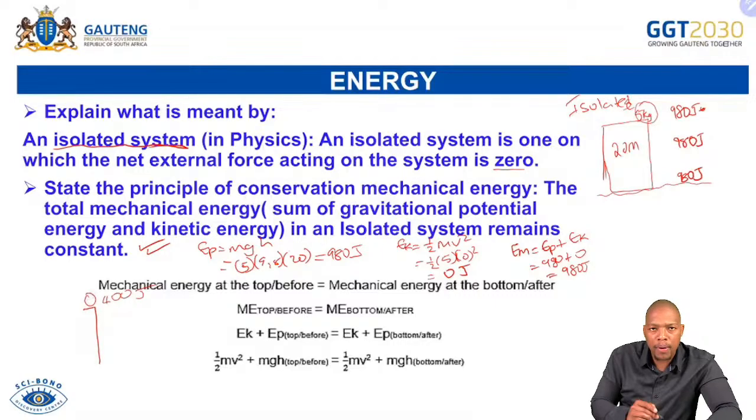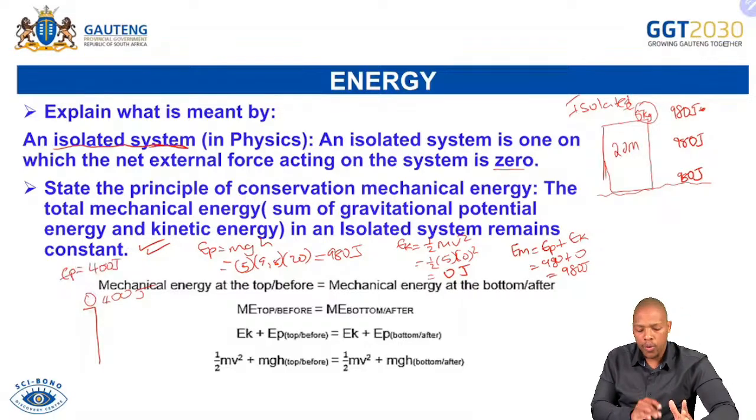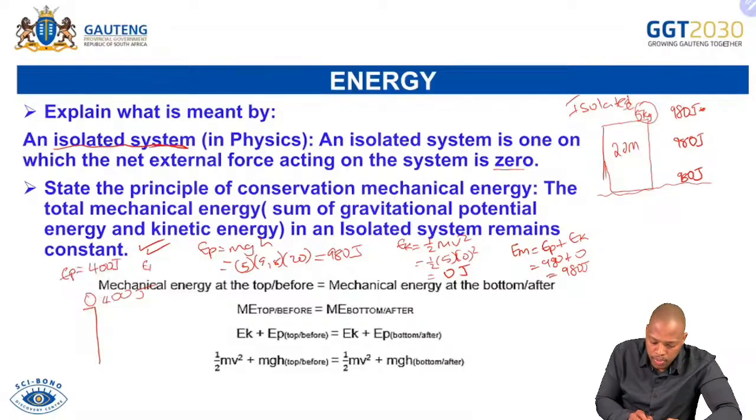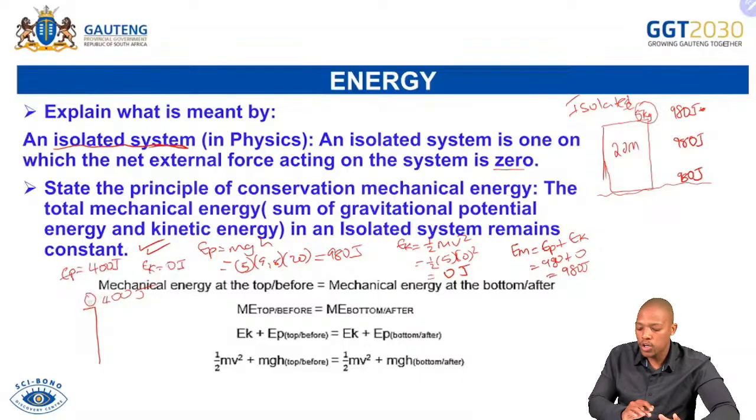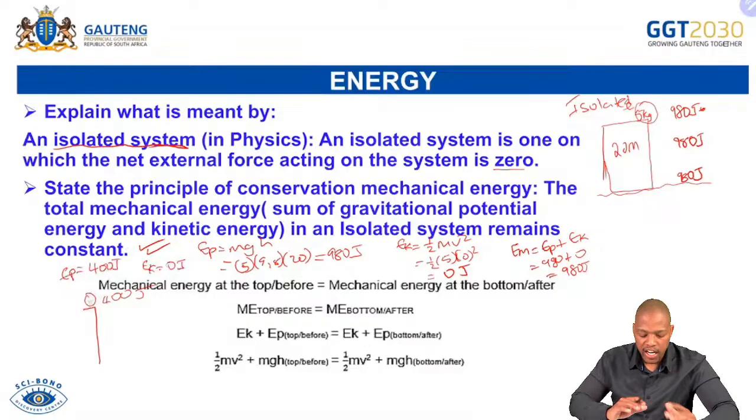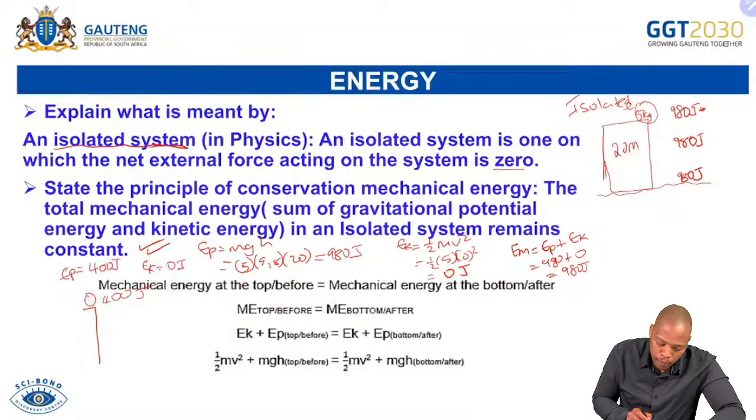That means the EP was also 400 joules. Hope you are following. If the ball is resting, that will mean that the EP was 400 joules, and the EK was 0 joules while it's resting. I want to do away with 980 to make the math simple. So what is the EK of the ball? The EK of the ball is 0. The EP of the ball is 400.